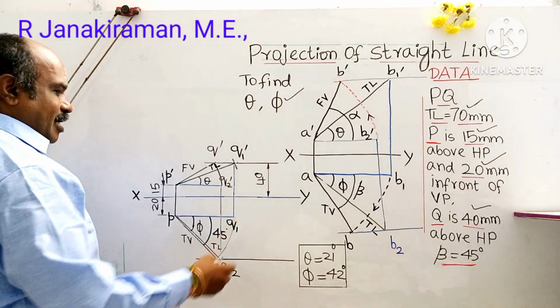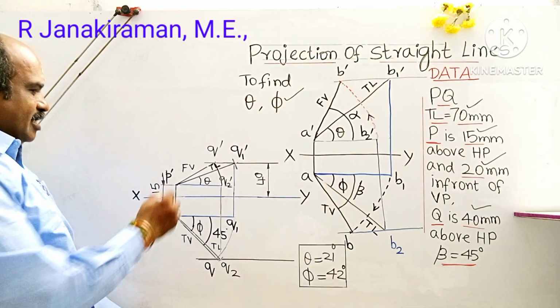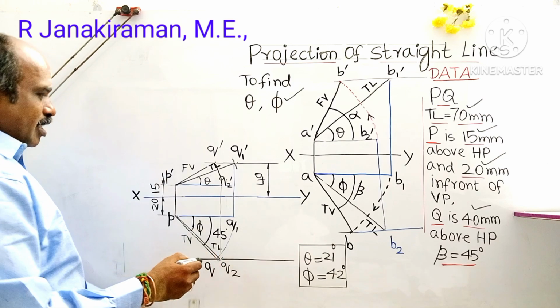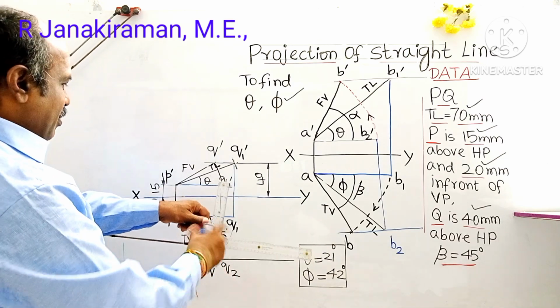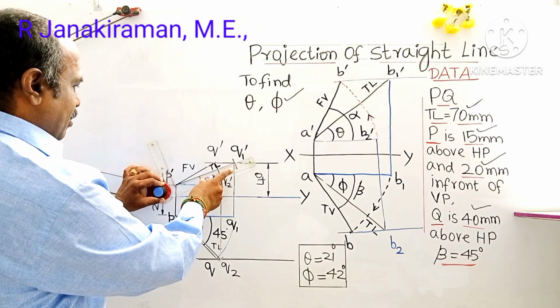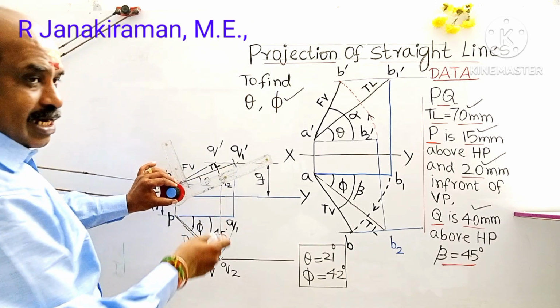So the answer is obtained. Then we have to mark the other dimensions. 70 mm is the true length of the line, that is P dash Q1 dash or P Q2. Both will have the true length. So release your drafter scale and keep it on the line P dash Q1 dash. The longer scale must coincide with P dash Q1 dash. Rotate the nut clockwise, and the scale will be positioned like this.